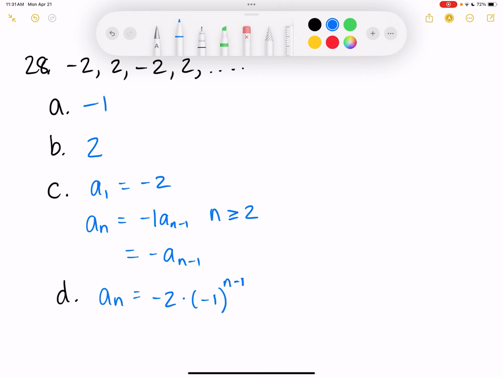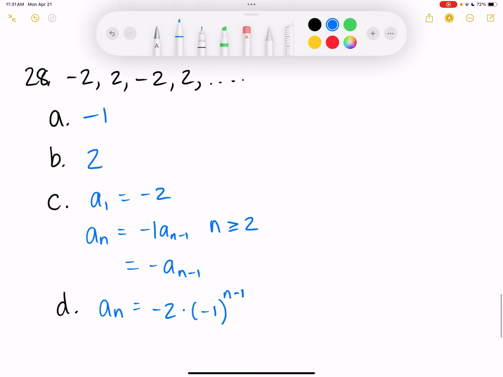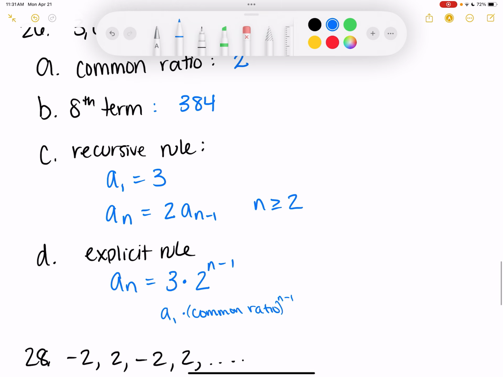But I am going to go back, since obviously on this one, it was really obvious. It was -2, +2, -2, +2. I'm not going to use this form for this. But I'm going to go back up here and just find the 8th term using the rule so that we see it. So if I did this, I would have a sub 8 is equal to 3 times 2 to the 8 minus 1.